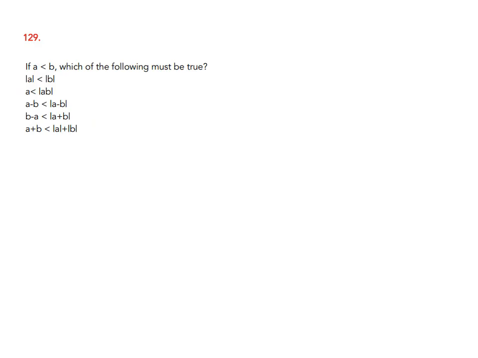If a is less than b, which of the following must be true? We are given 5 options: absolute value a less than absolute value b, a less than absolute value ab, and so on. Now notice, we don't know whether a and b are positive or negative. So in this case, you can take some numbers and test for different signs. The first step is to take some values and the second step is to test the options.